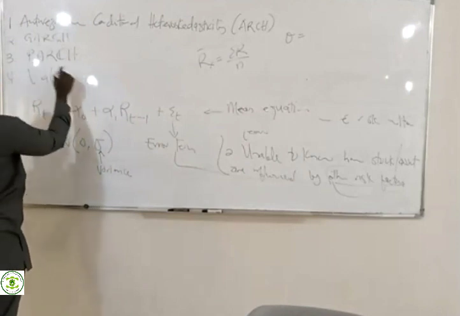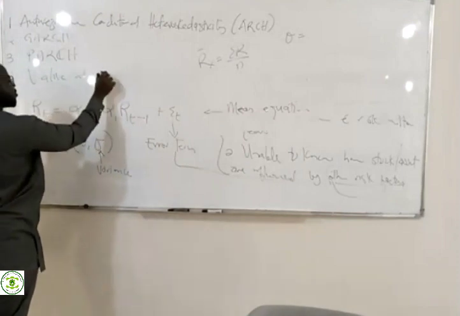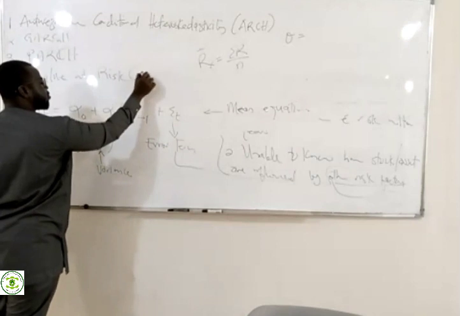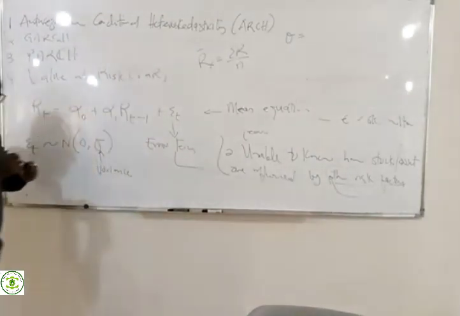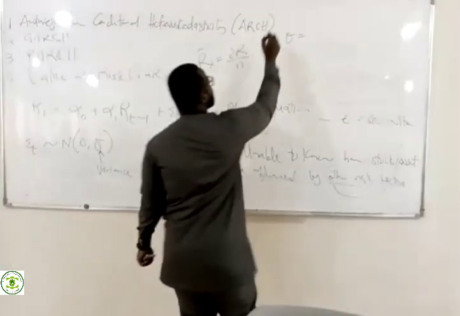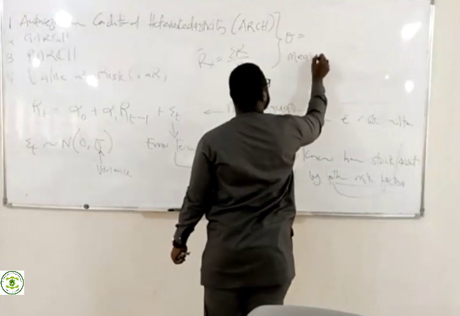We also have TARCH. The TARCH is threshold. Value at risk. Okay, so go and learn some of these things. So these are measures of volatility.